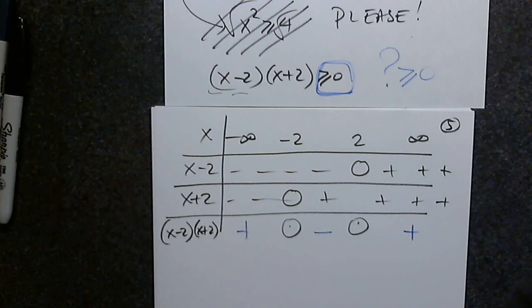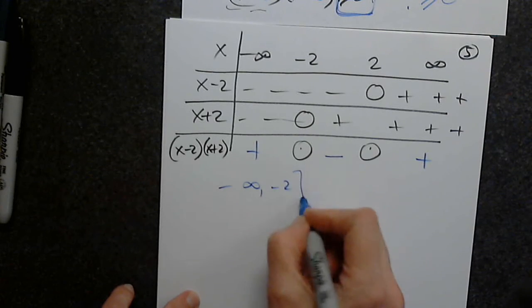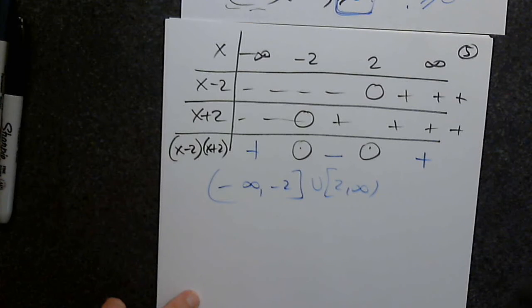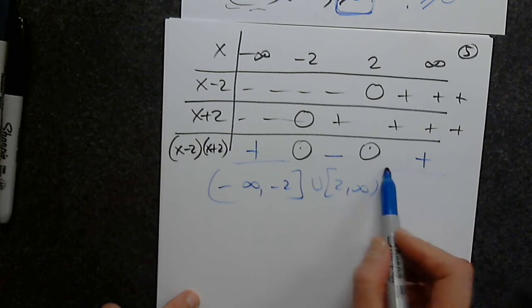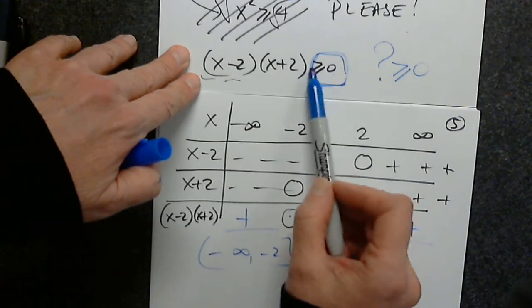Is the product for this ever positive? For which x values? Yes, that's it. So negative infinity to negative 2, union 2 to infinity, because that's where the product is positive. If you pick between negative 2 and 2, this product will be less than 0.